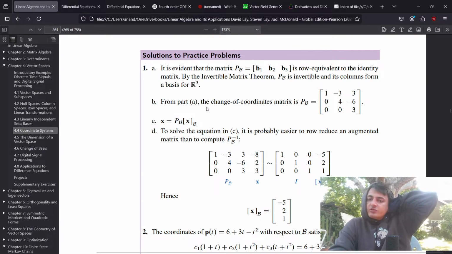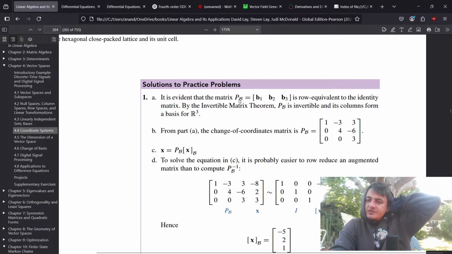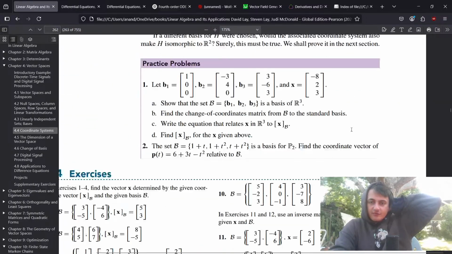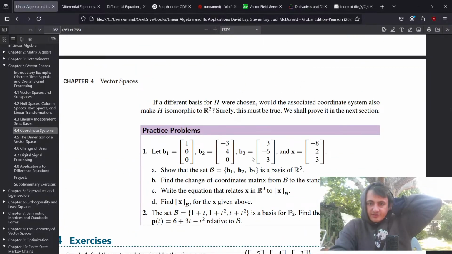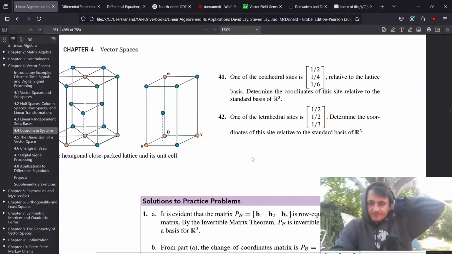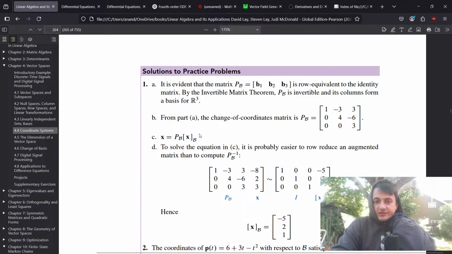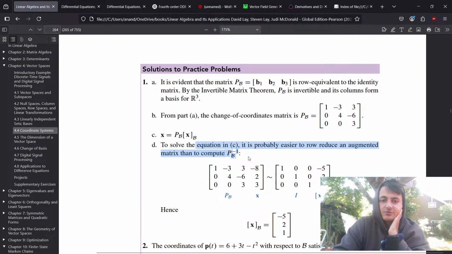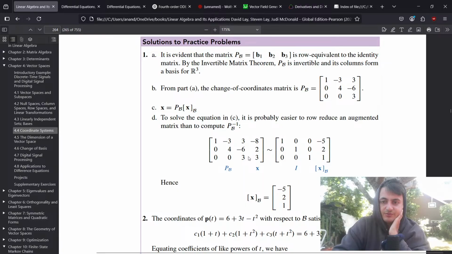Part A, the change of coordinates matrix is this. Is that just the columns of it? 3, 6, 3? Yeah. Okay. So then this is the equation. That's what I was thinking. Then to solve it's probably easier to row reduce the matrix than to compute the inverse.